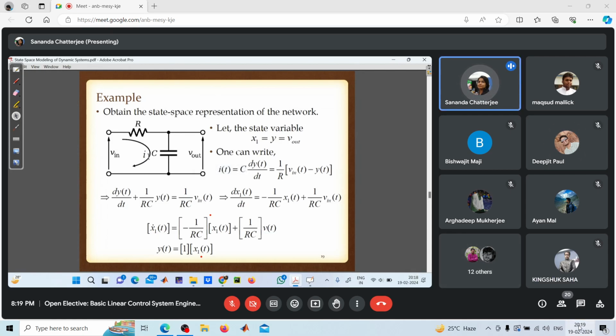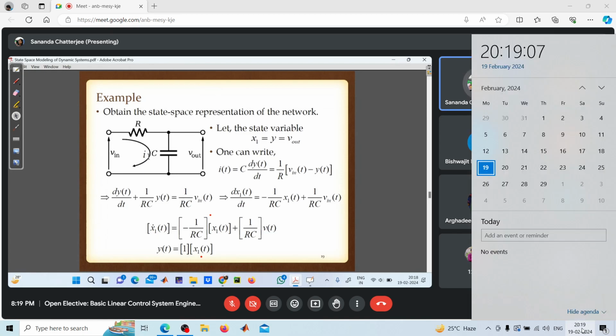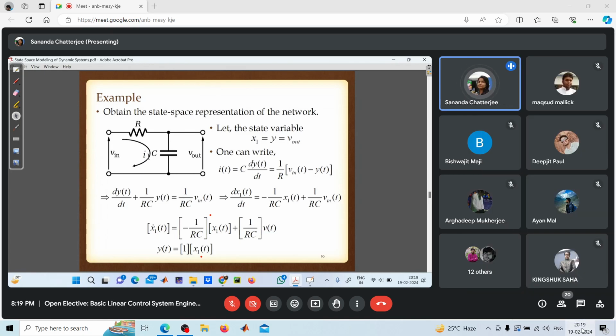So we have only one energy storing element involved, so we will have to choose only one state. One choice could be that you take V out directly as a state, the voltage across the capacitor. Whatever is the voltage across the capacitor, I'll choose it as the state x1.